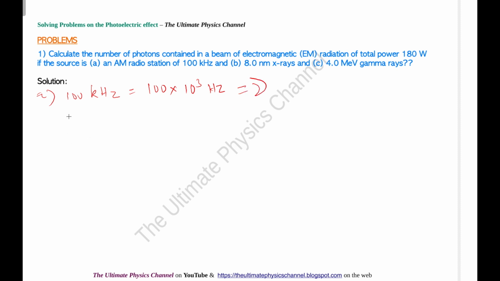Now what is the energy of each photon in such a radiation? Energy is Planck's constant h times nu, that is 6.63 into 10 power minus 34 times 10 power 5.